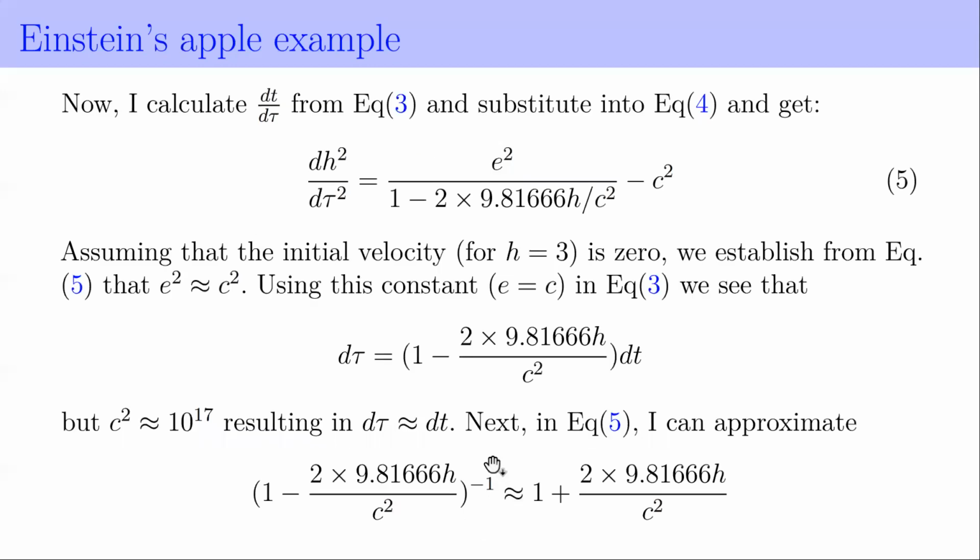Okay, so that's one. Then this equation, I can approximate as a series, and it gives you these two terms. This is dh d tau squared. The inverse of this is approximately 1 plus this, because this is so tiny.